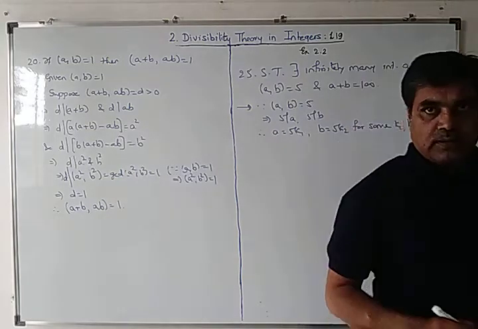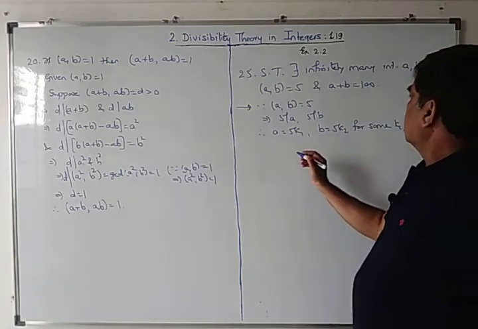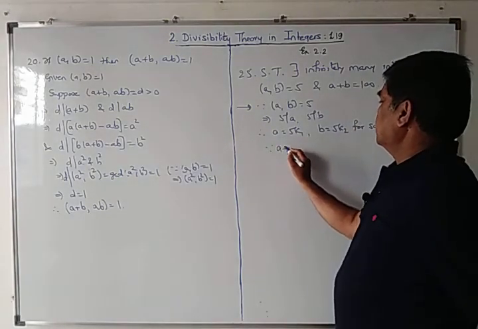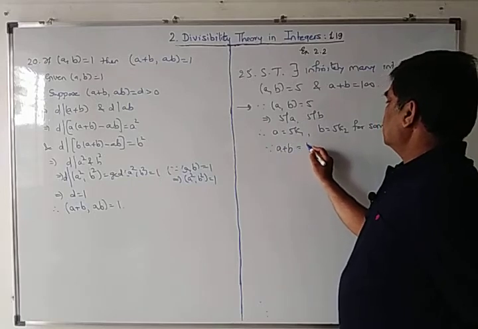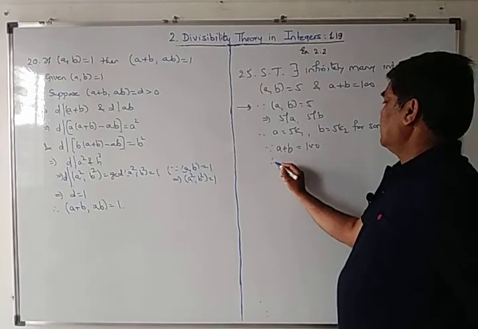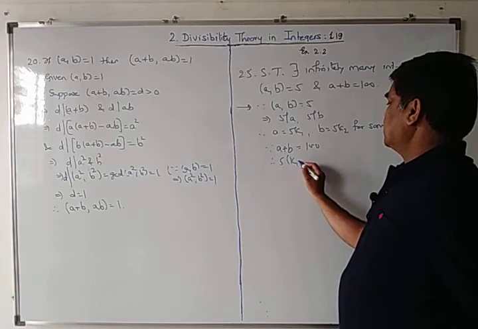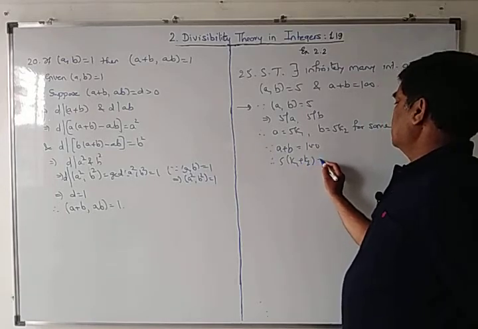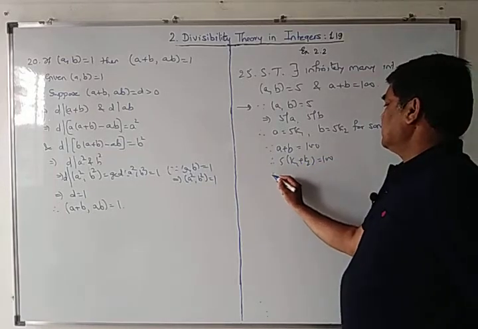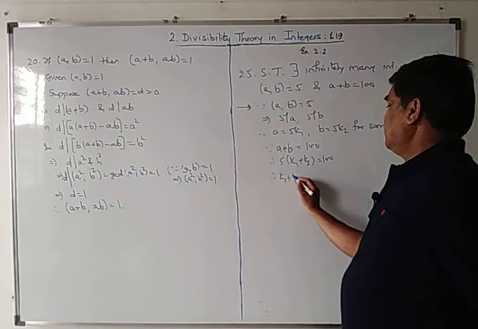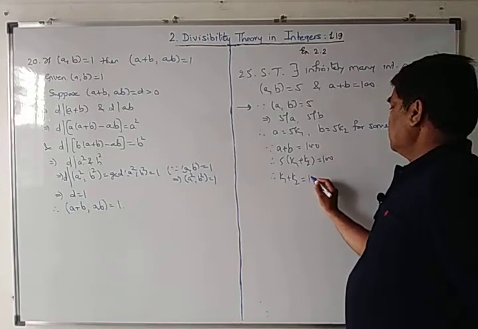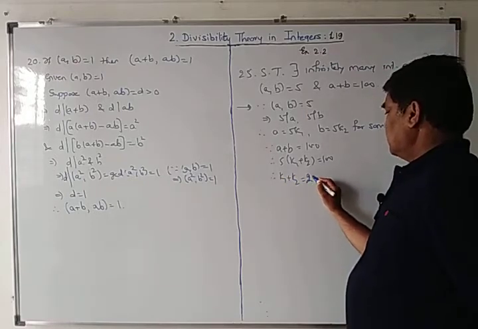Right? And now since a plus b is equal to 100, therefore 5 times k1 plus k2 is equal to 100, which implies k1 plus k2 is equal to 20.